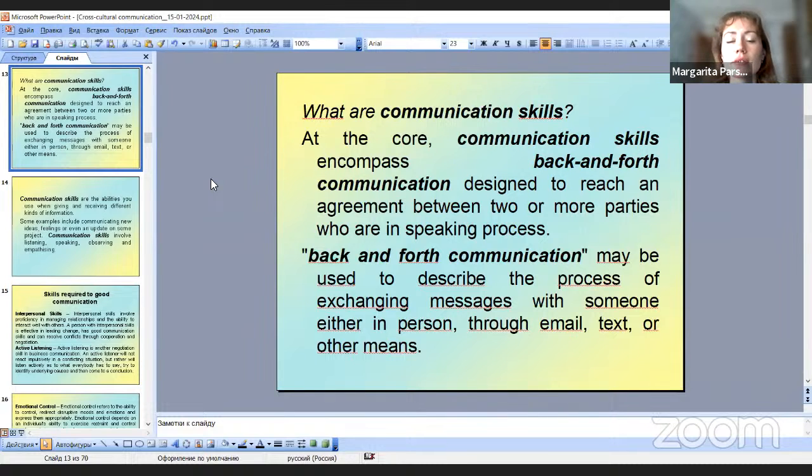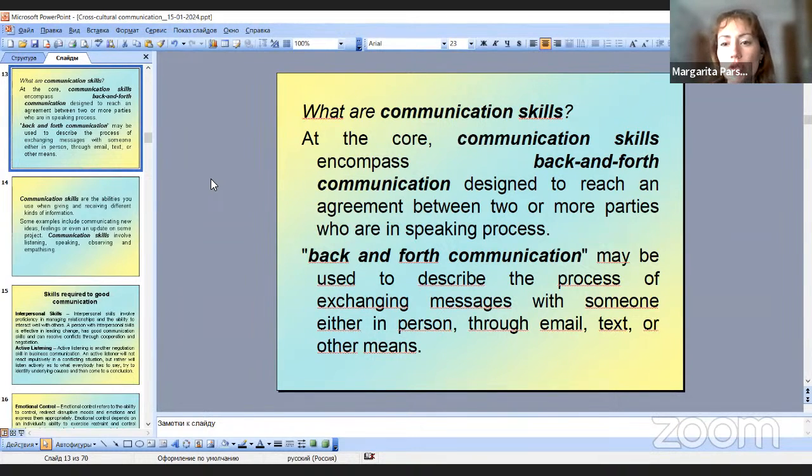Let's talk a little about communication skills. At the core, communication skills encompass back and forth communication designed to reach an agreement between two or more parties who are in the speaking process. You can say back and forth, so it's feedback also.